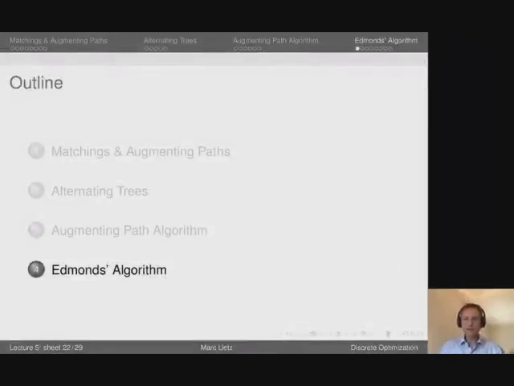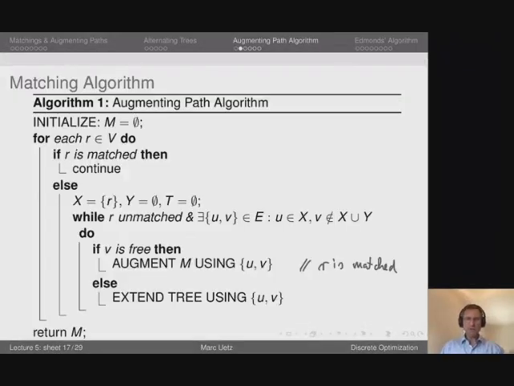So let us recall the algorithm, which we still have to fix for these odd length cycles. It was going through all the vertices of the graph and trying to match each vertex, this particular fixed vertex R as a root, by computing in this while loop the corresponding alternating tree. And if we are lucky, we match this vertex. And if we are unlucky, or if it's not possible to match this vertex, we skip it.